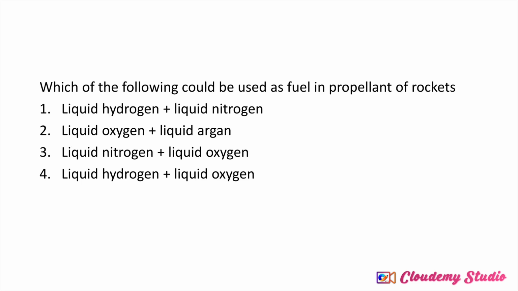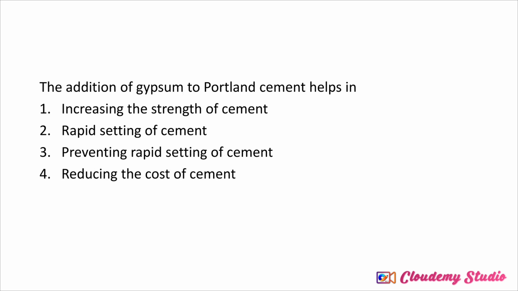Which of the following could be used as the fuel in propellant of rockets? Liquid hydrogen plus liquid nitrogen, liquid oxygen plus liquid argon, liquid nitrogen plus liquid oxygen, or liquid hydrogen plus liquid oxygen. Of course, in rocket, this is liquid hydrogen plus liquid oxygen.